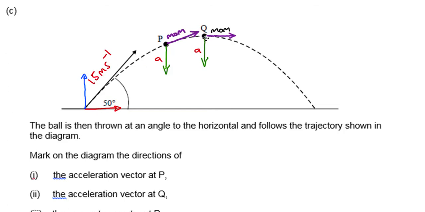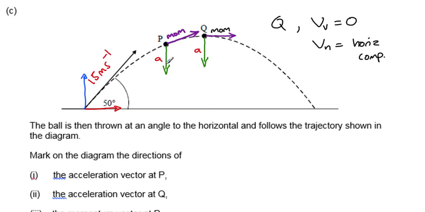Now, they're asking you what its momentum is at Q. Now, at Q, it's just about to start coming down, having gone up. So, at Q, you've got velocity vertical is 0. And you've got velocity horizontal is just the horizontal component of the velocity.